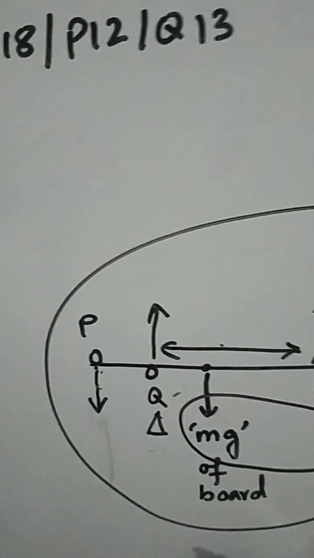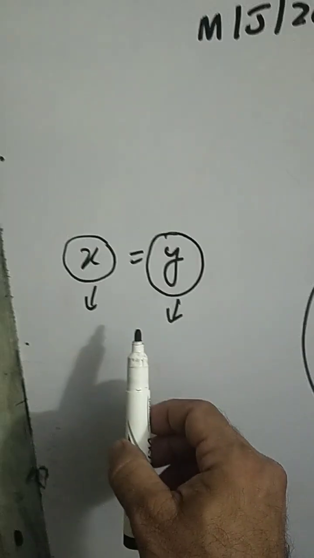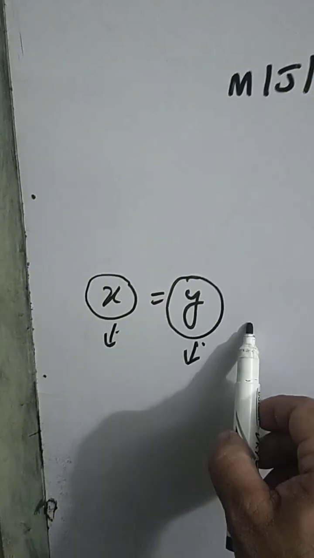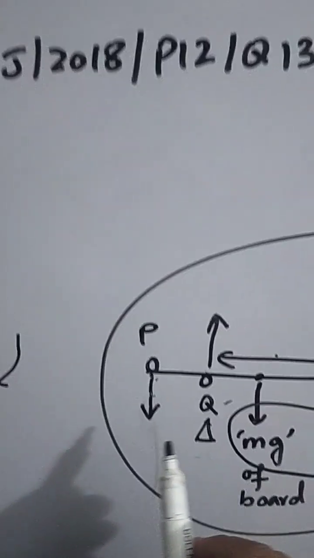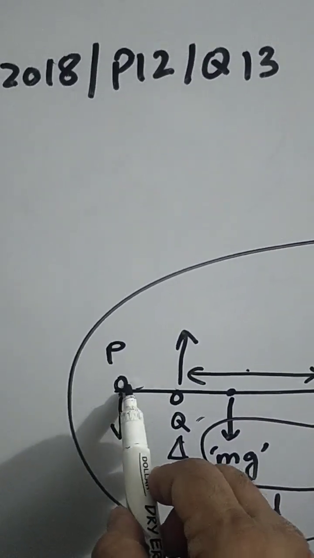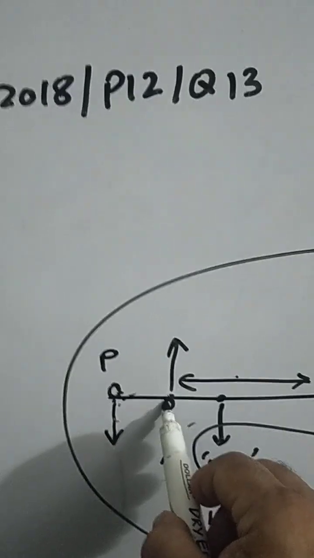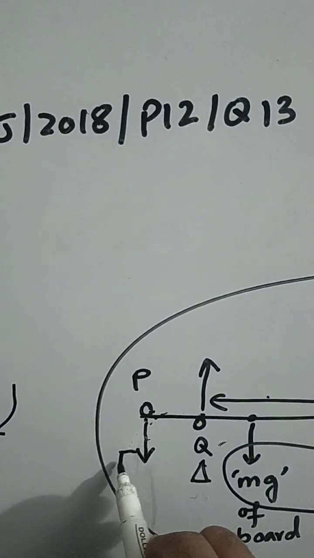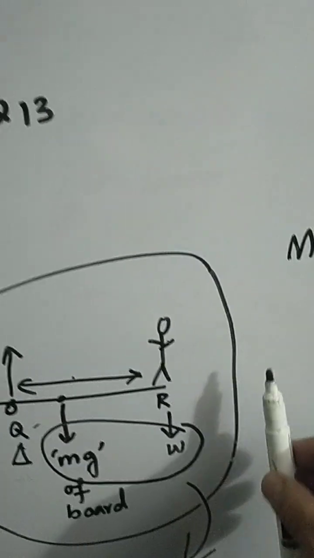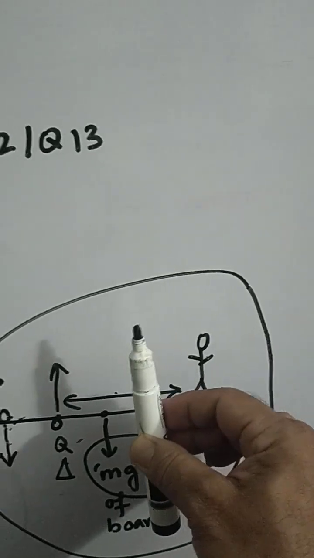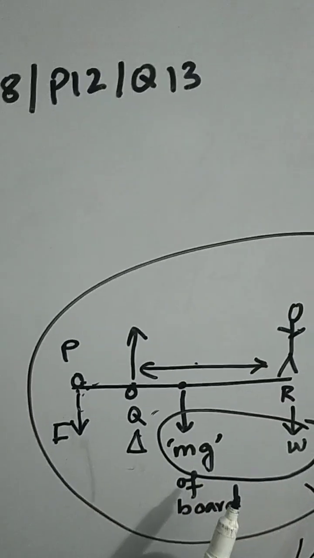Now if the clockwise moment reduces, in order to maintain the equilibrium, the anti-clockwise moment has to reduce. Now the anti-clockwise moment is due to the force at P, and the distance between P and Q we cannot alter because it is fixed, so it means the force acting at P must also decrease. If the person starts moving towards Q, the force at P must decrease in order to maintain the equilibrium.